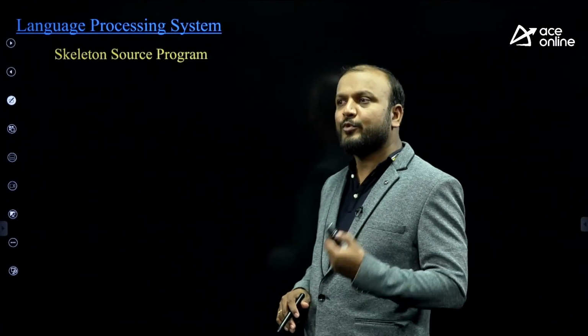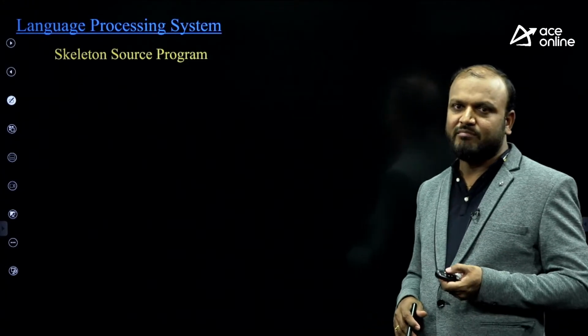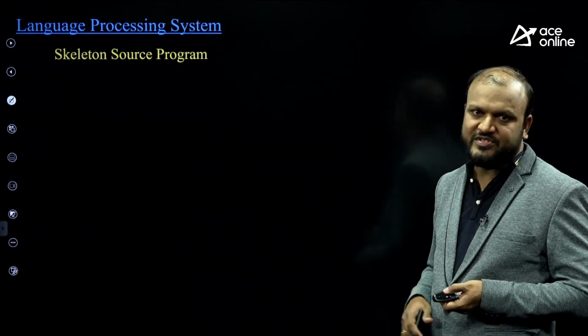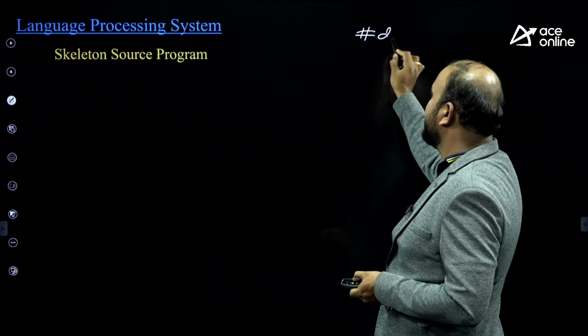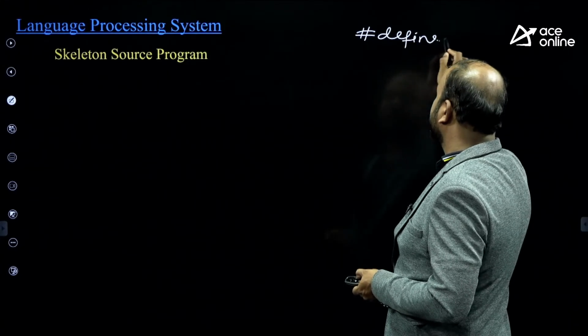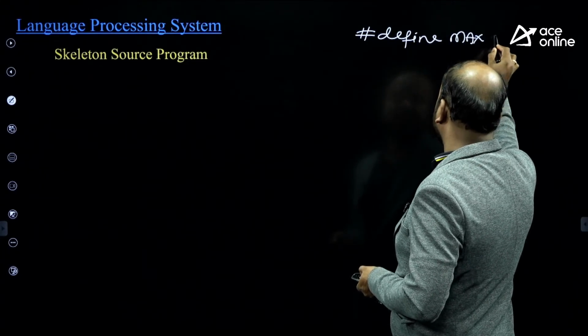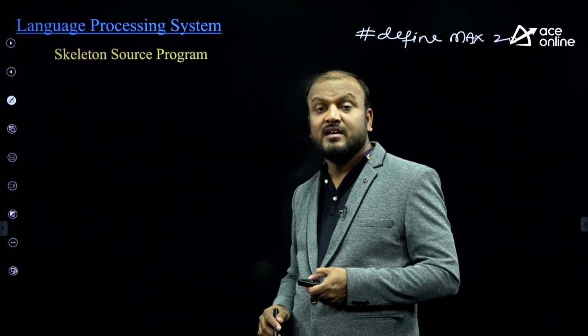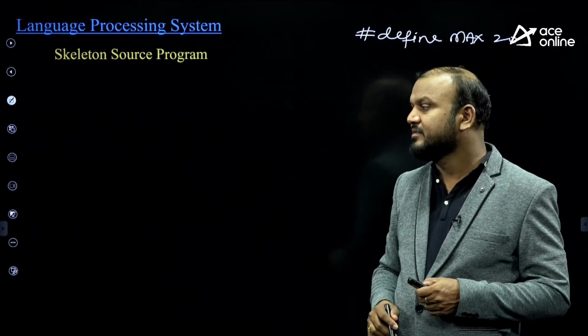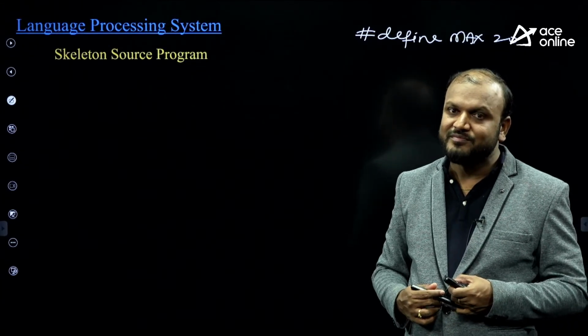Because in programming language, we might use many of the pre-processing commands. Let us say we have some pre-processing command, hash define max 20. Now tell me, what is hash define max 20? What is max? We can call max a macro. What is the purpose of a macro?